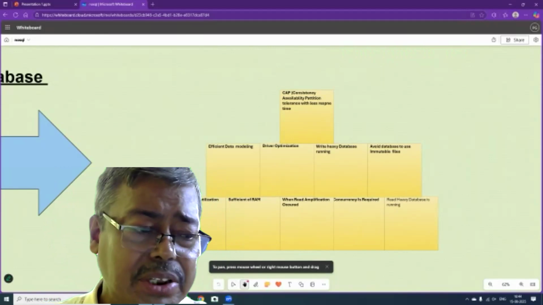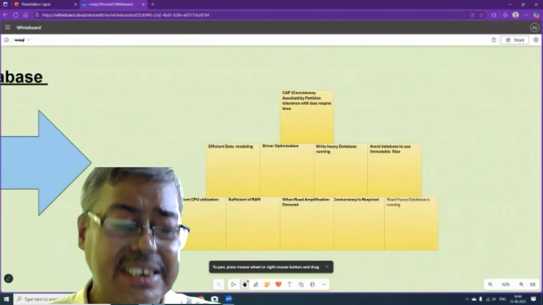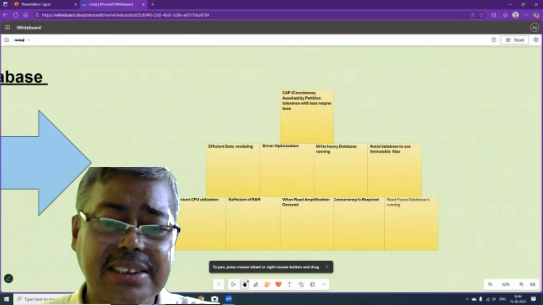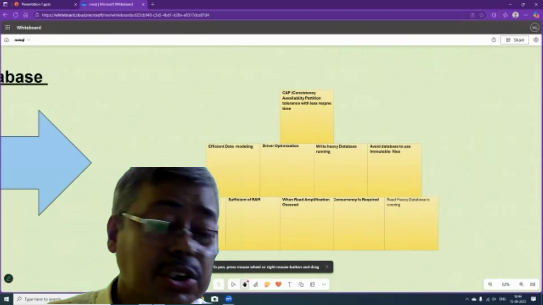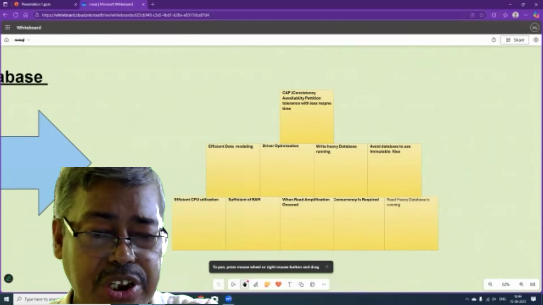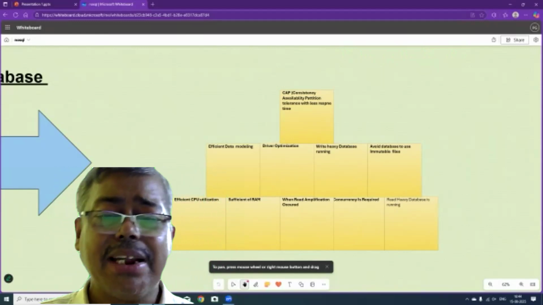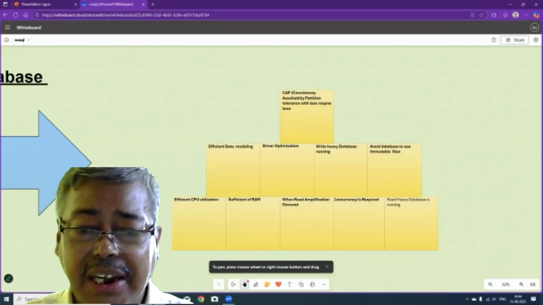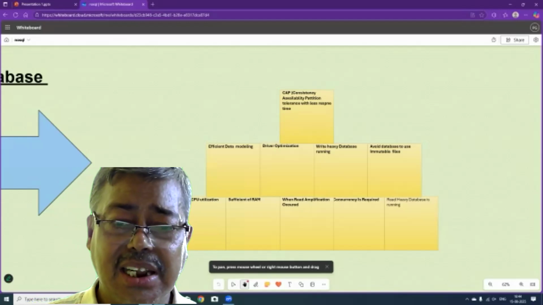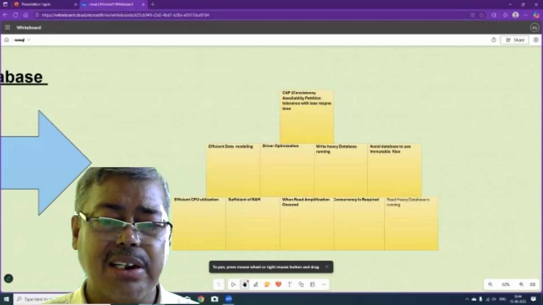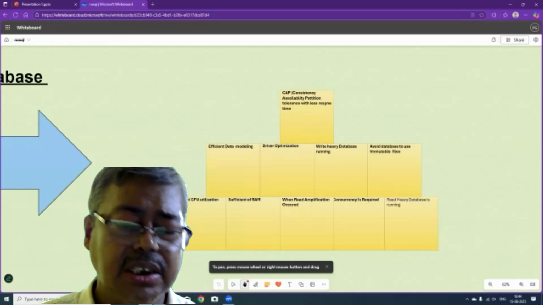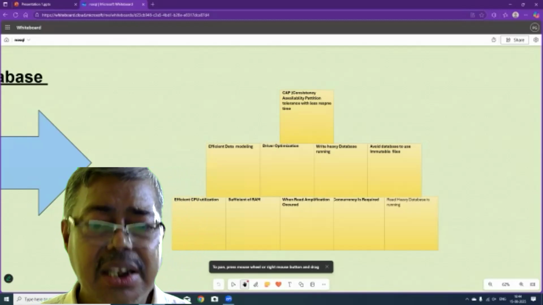Read is less required, and a read-heavy database is not required here. So the writing database is the most priority, and to keep it so, data amplification in case of reading purpose is generated. When we look after the writing purpose, then reading purpose data amplification is generated.